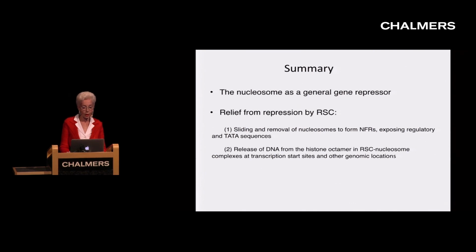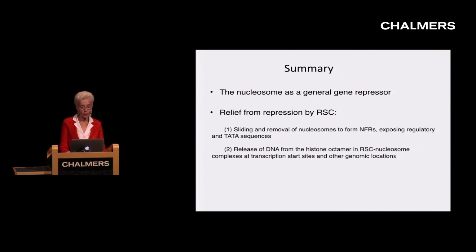In conclusion, I told you how we found almost 30 years ago that the nucleosome serves as a general gene repressor. It sets a zero baseline for gene expression. It performs an essential role in cellular processes such as differentiation and development by preventing transcription of all genes except those activated by a specific regulatory protein. 10 years later, we discovered RISC, the most abundant and essential chromatin remodeling complex.